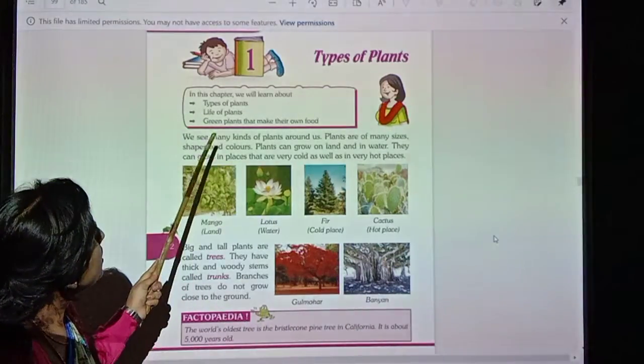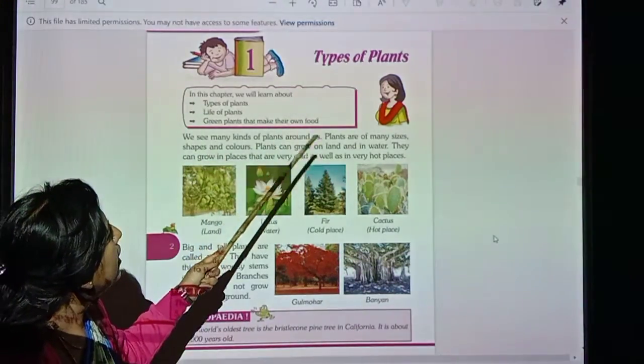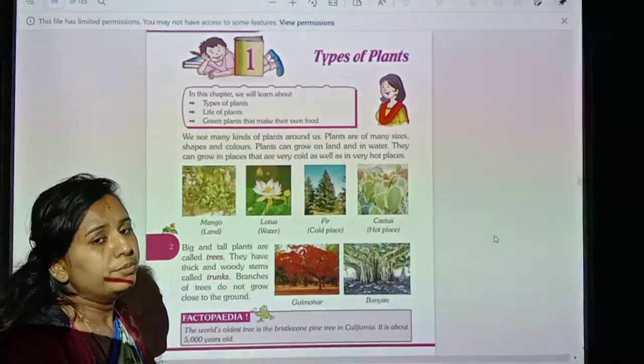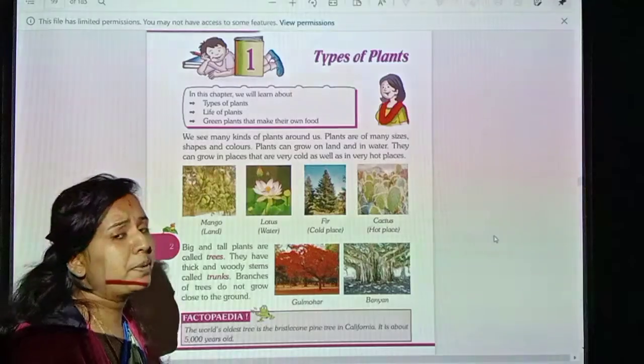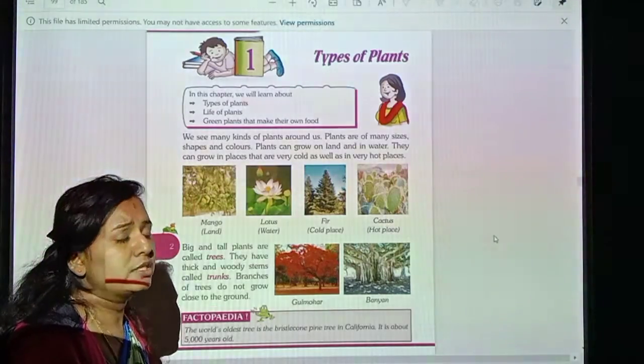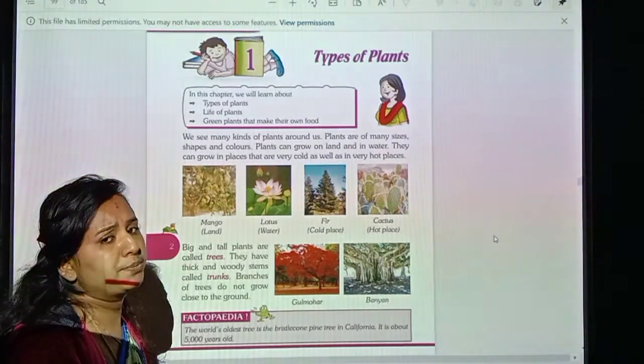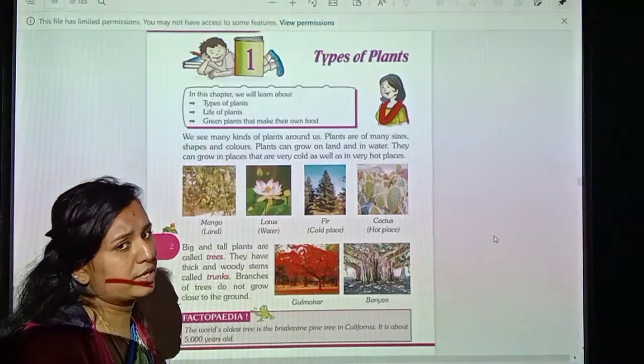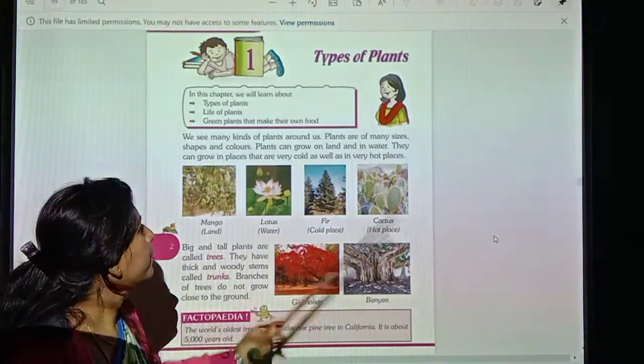Okay, we see many kinds of plants around us. Yes, we have been seeing so many plants, isn't it? Some have different colors, different shapes, different sizes.